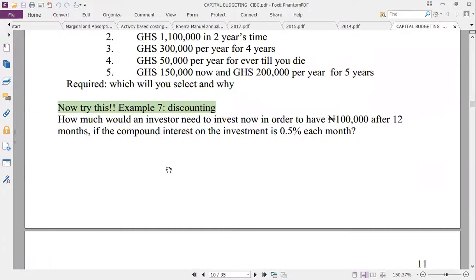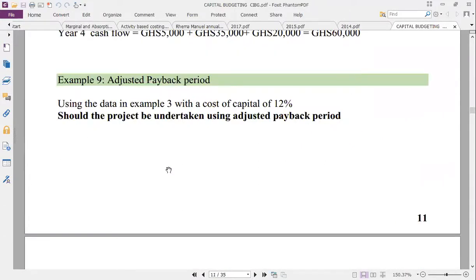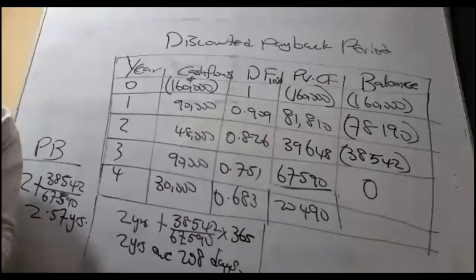So now the example 3, I'm adding this to it.